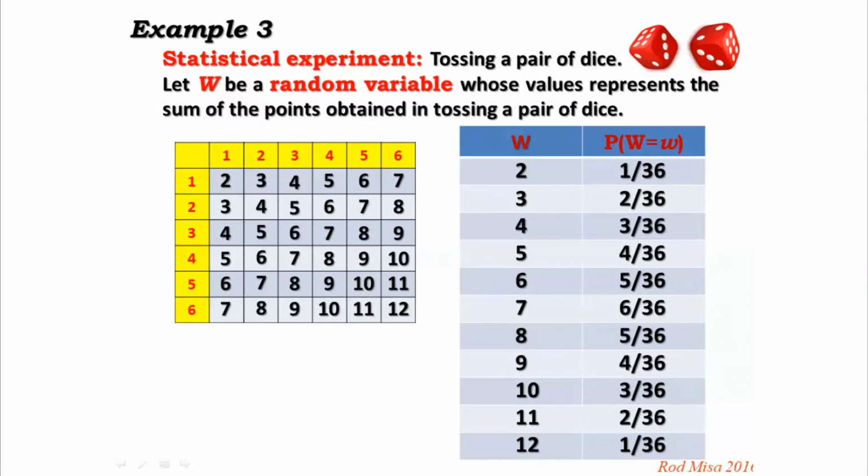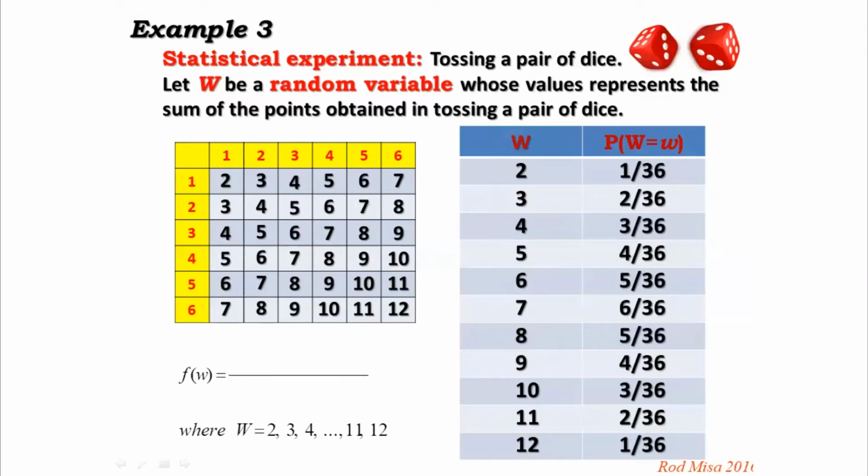Now, we have there in the second column the probability that big W, which is our random variable, is equal to small w, which is the specific value of the random variable big W. However, this probability distribution can be represented by a probability function, which is f of W, where W is our random variable having values from 2 to 12.